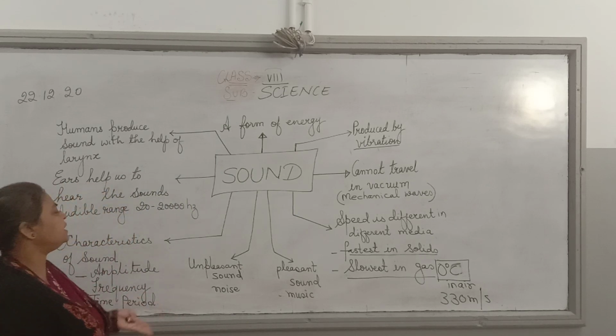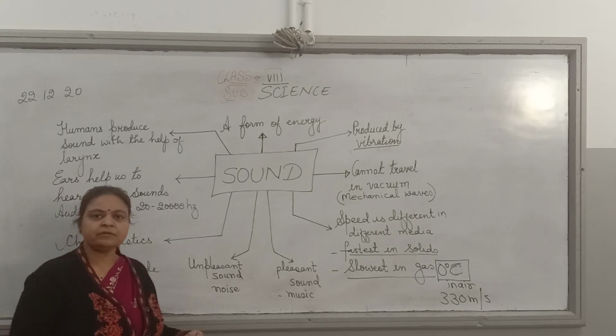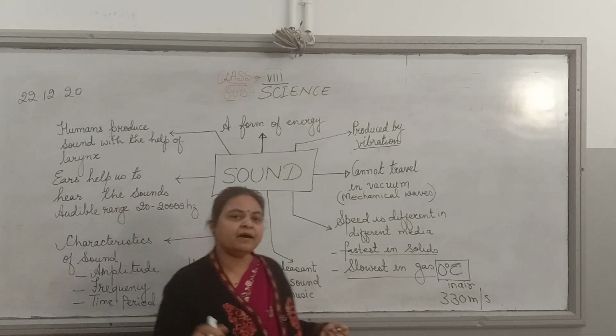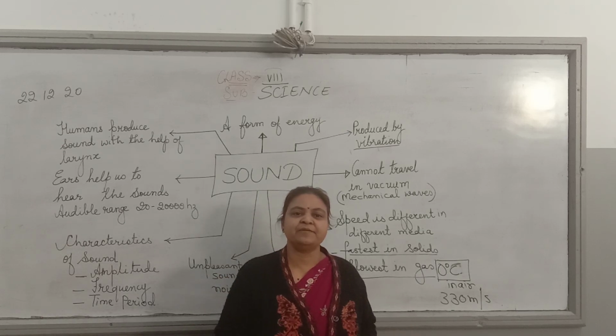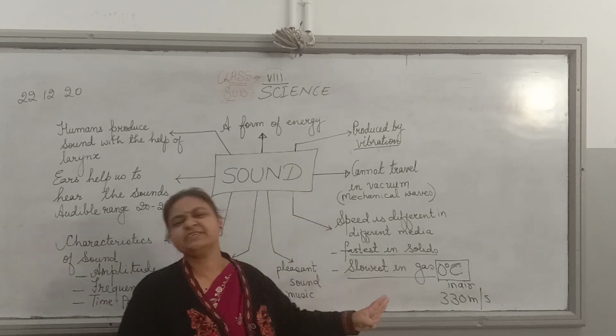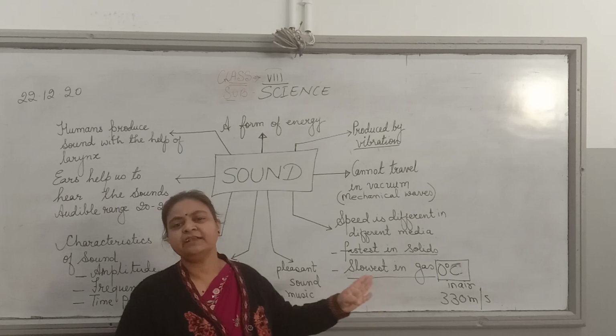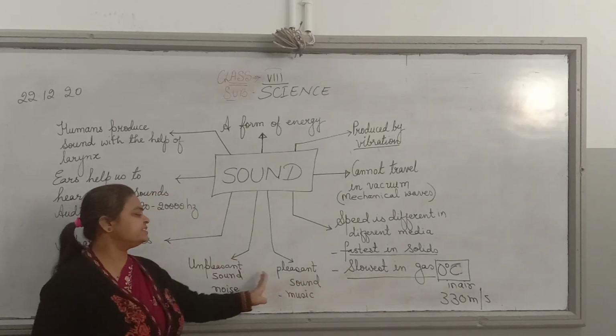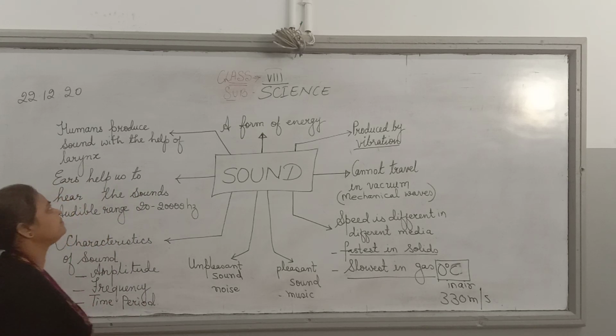Now, sound can be a pleasant sound which you like to hear. If somebody is banging a metal plate for a long time, you say stop this noise, right? So that unpleasant sound is called noise and pleasant sound is called music.